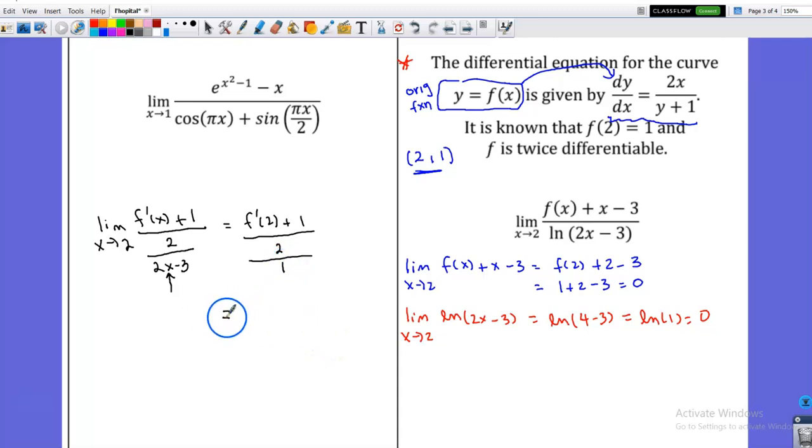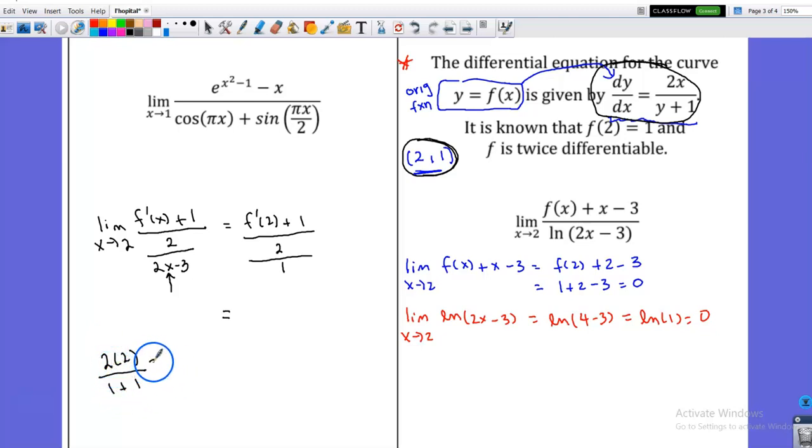Now I need to find f prime of 2. Remember, dy dx is f prime. So I'm going to come down here, 2x, my x value is 2, over y, my y value. Remember, my y value for x is 1, so 1 plus 1.